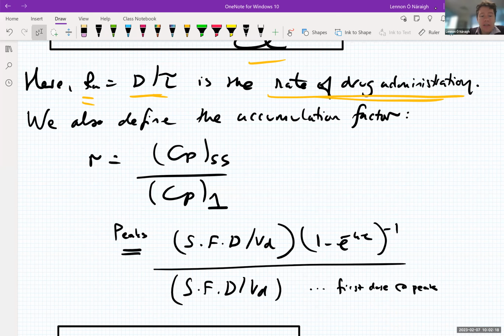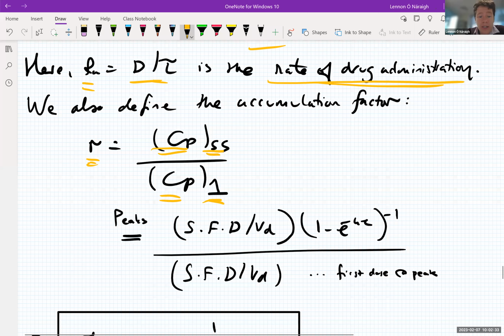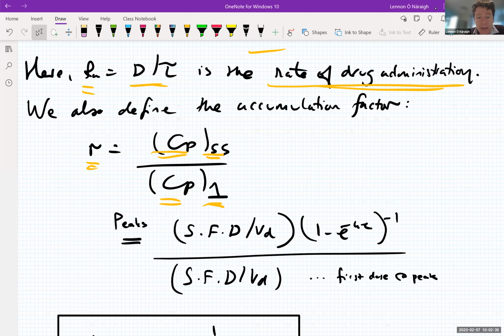Okay, and we also identify lastly, ultimately, the accumulation factor. So that would be CP in the steady state over CP after the first dose. And I just need to decide, should I evaluate this at the peak or the trough? So for example, if I evaluate at the peak, CP steady state will be SFD over VD, 1 over 1 minus e to the minus k tau.